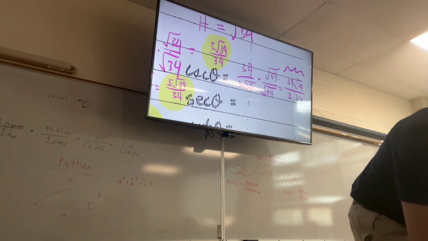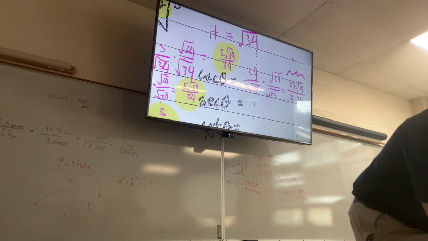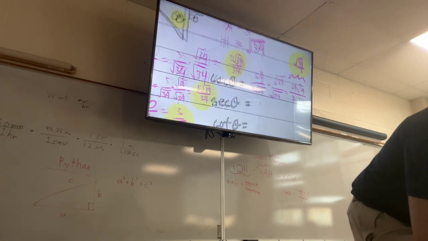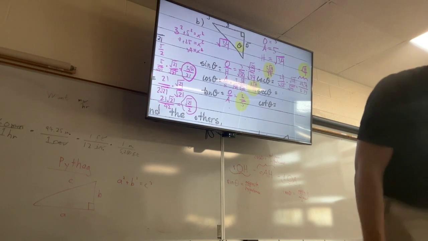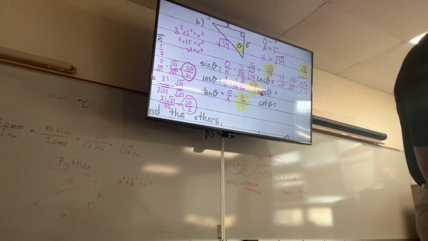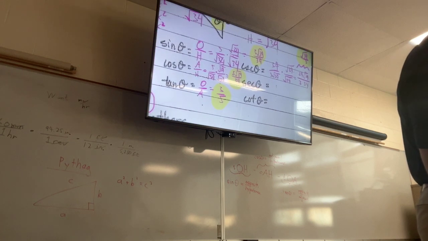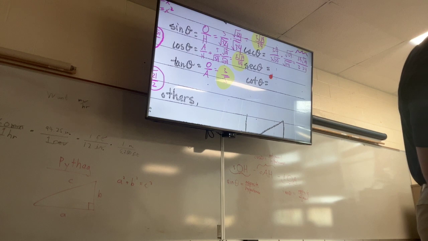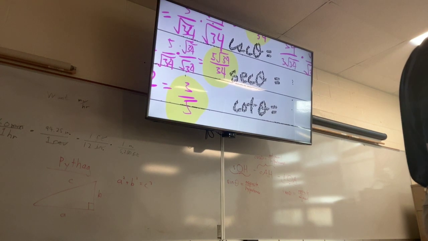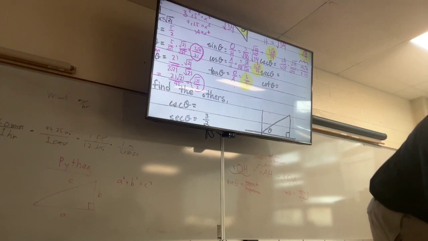That simplifies to root 34 over 3. And then what do I do to find my secant? You just flip cosine. So my cosine is 5 root 34 over 34. I'm just going to flip it around.